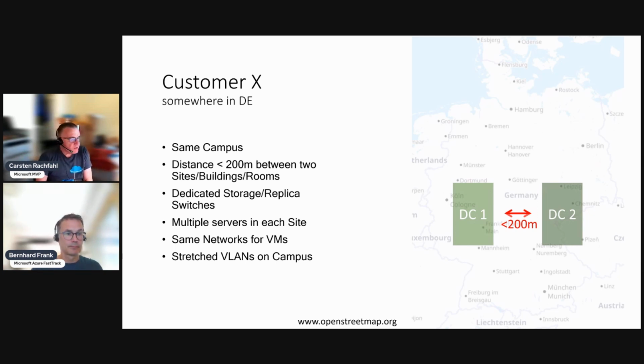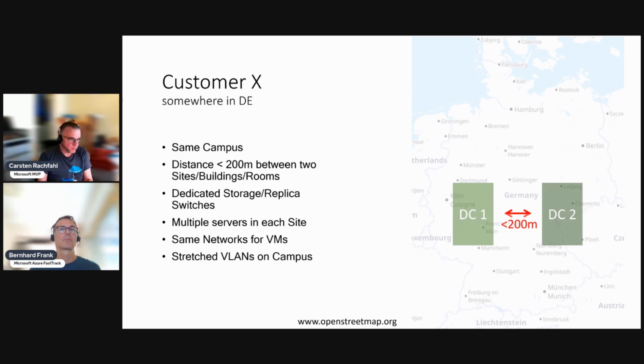But I have also done a scenario that is over 10 kilometers, and even one that is over 50 kilometers. But usually, what is considered a stretch cluster in Germany is below 1 kilometer, and the customer controls the whole environment.